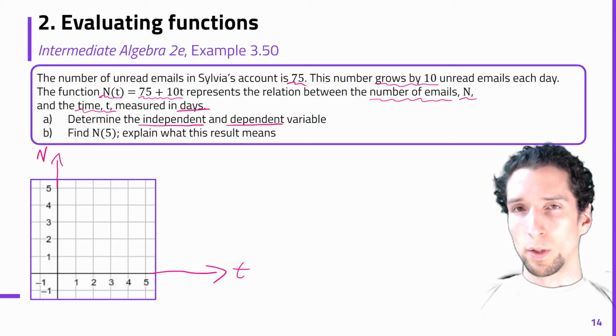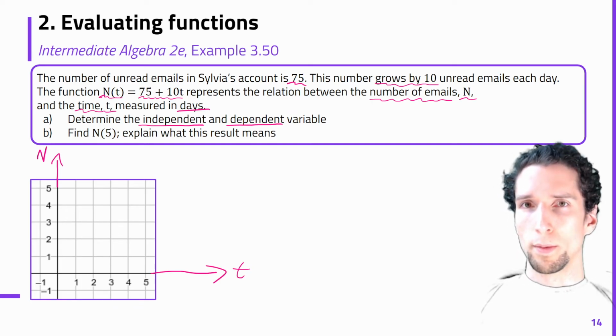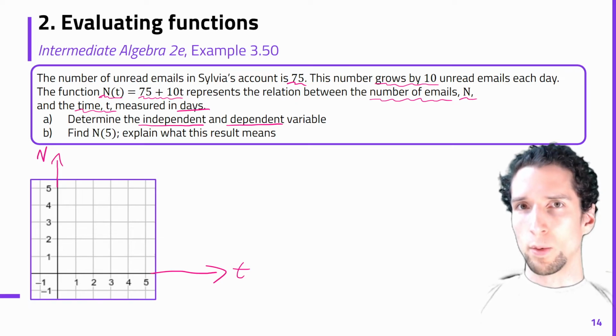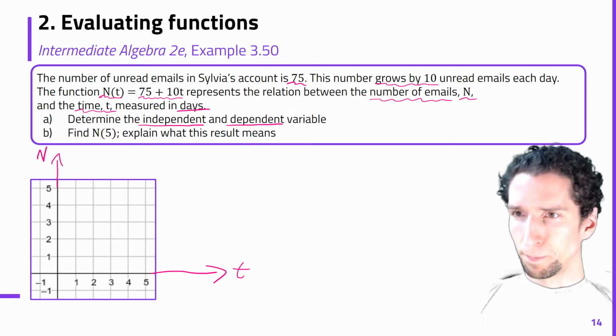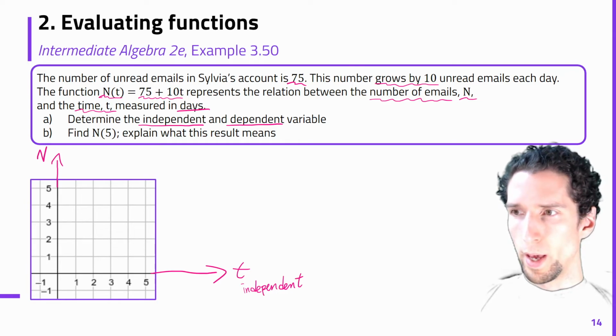You just have to think about the real world relationships between those two things and what makes sense, what best describes the relationship between the two variables. Okay, so t is independent, n is our dependent one.